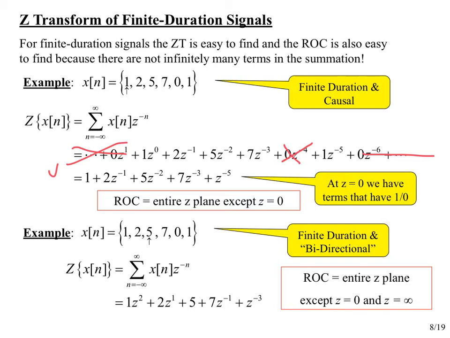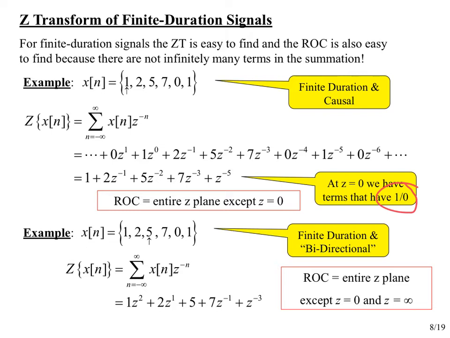Here it's an issue of just, are there any z values for which the value of the z transform function that we've written down blows up? And so if we look at that, since we have all these z inverses here, if we tried to put in z equal to 0, we would see that we have a problem, because we would end up with something in the form of 1 over 0 for each of those z inverse terms.